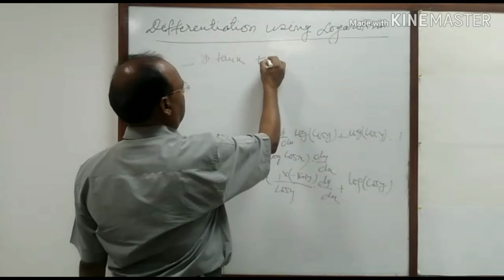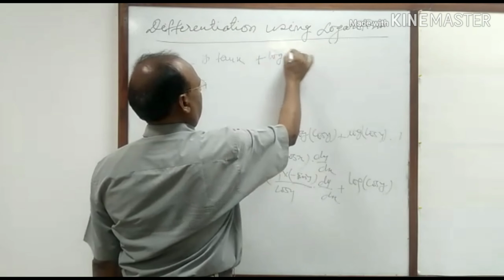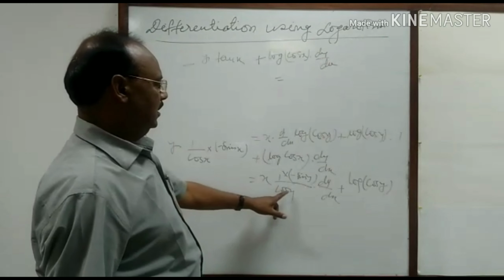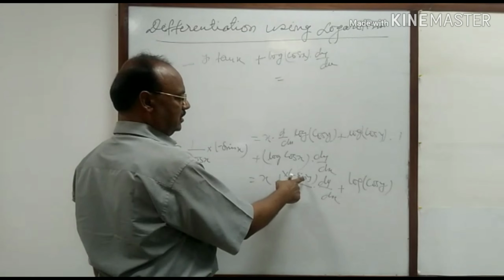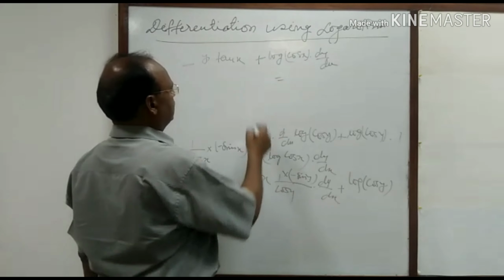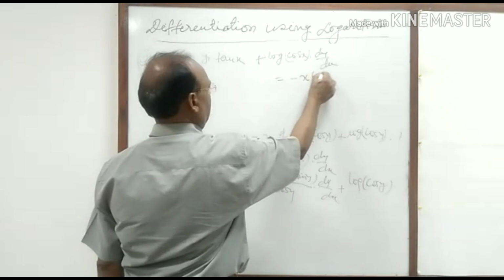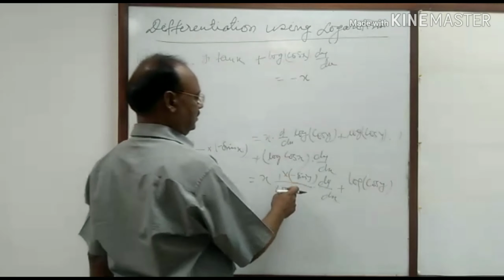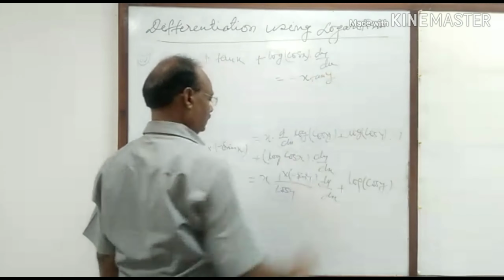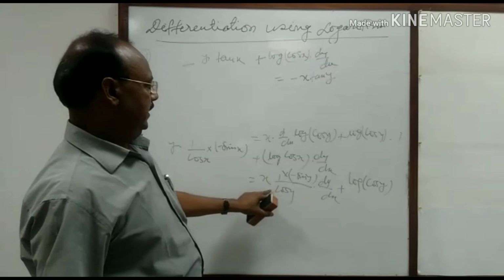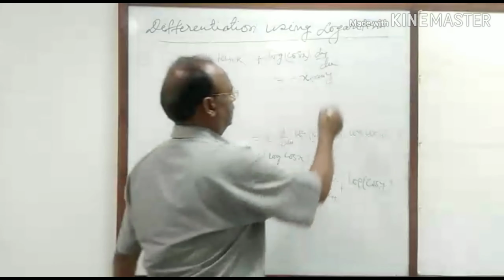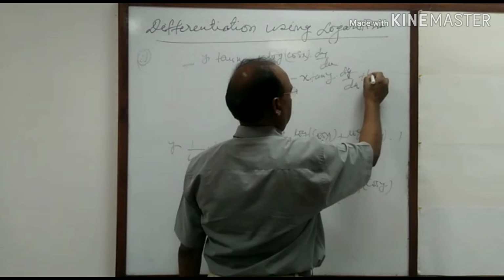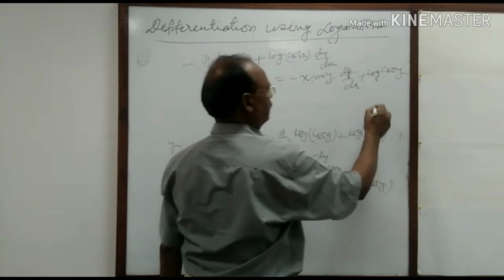Here this is plus log of cos x into dy by dx. And this is equal to, in the right hand side we are getting again sin y by cos y is tan y, so this will be minus x tan y into dy by dx, plus log of cos y.